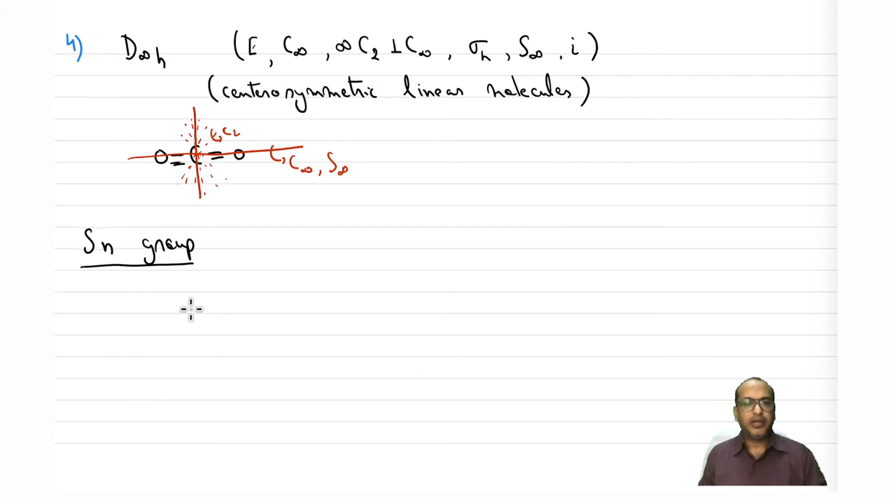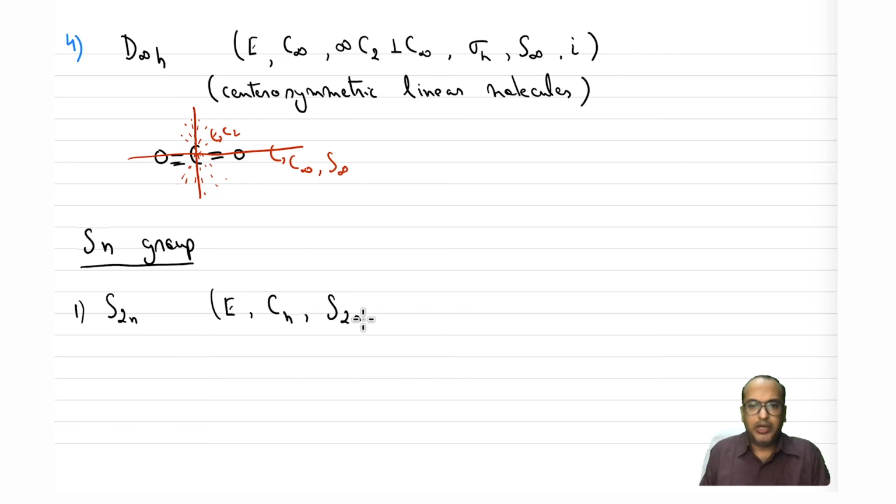Within Sn, let us see an example of S2n. There is only one category, S2n. This will have E, Cn, and S2n symmetry elements. There are no other symmetry elements present, no sigmas.